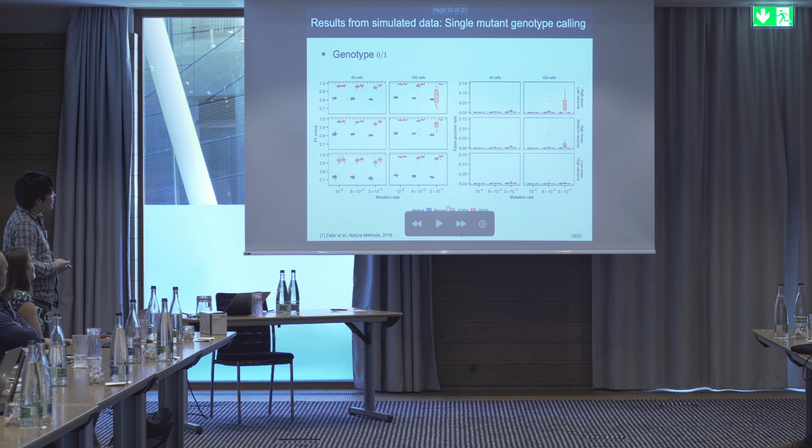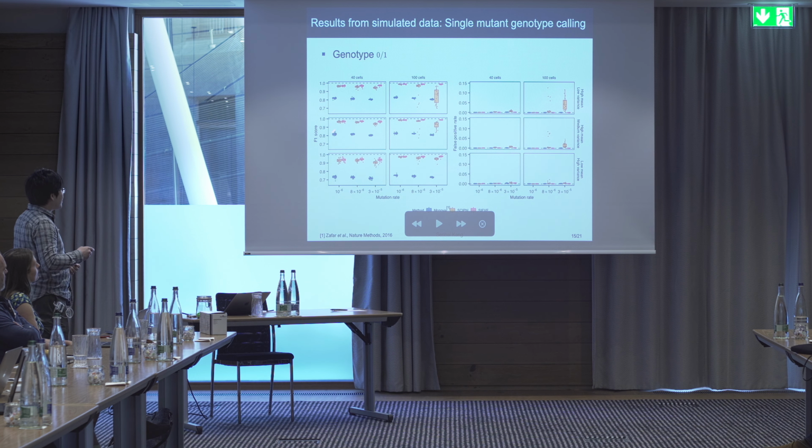Okay, now some more results from the variant calling section. We first compare the single mutant genotype calling, which is mainly the performance in calling genotype 01, and we compare it in two different metrics, the F1 score and the false positive rate.